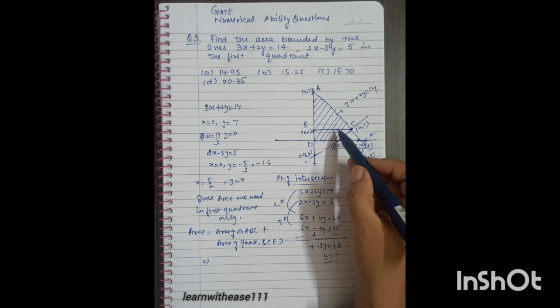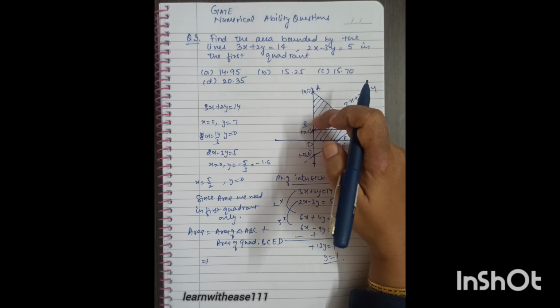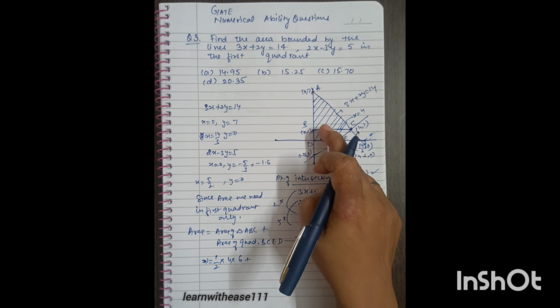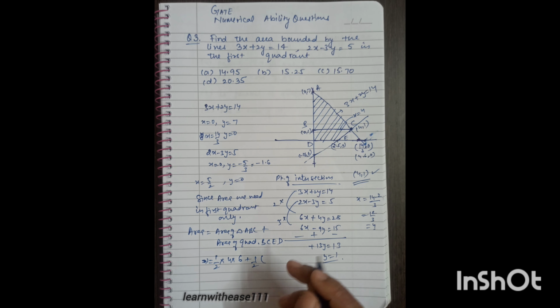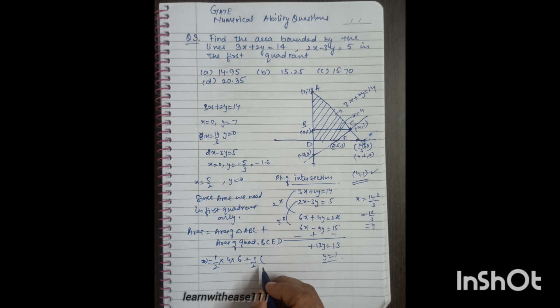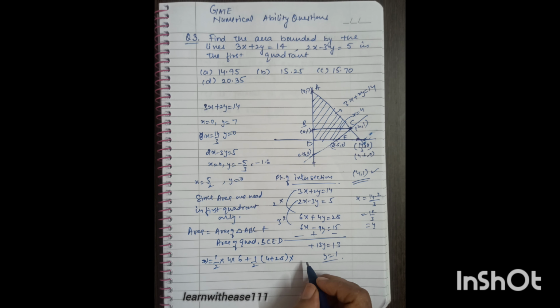So the area of the triangle, since it is a right angle triangle, is half base into height. Base is given by BC where x equals 4, and height is AB, which is 7 minus 1, it's 6, so half into 4 into 6. Area of the quadrilateral is half the sum of the opposite sides BC plus DE, 4 plus 2.5, and height is 1.